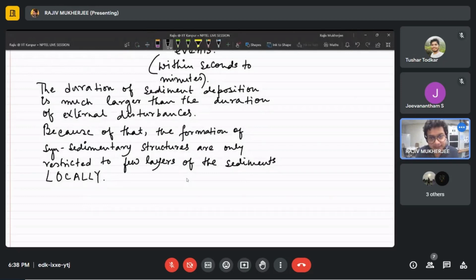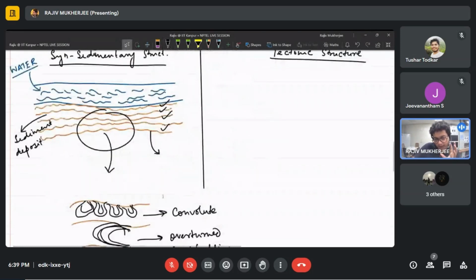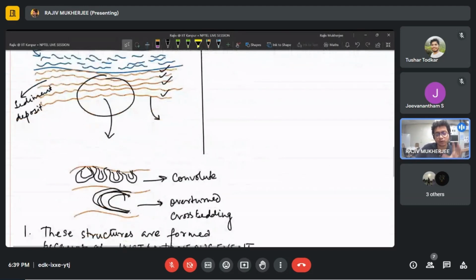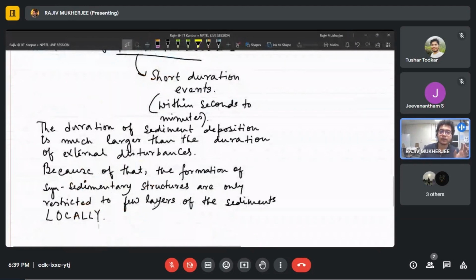That tells us that these structures are local occurrences. They do not occur all over the places continuously. They are small scale structures and they occur in local places, not everywhere altogether, right? So this is the primary distinction that we can make from this observation, that these syn-sedimentary structures, since they are formed because of short duration external disturbances, form locally and are constricted within few layers only.